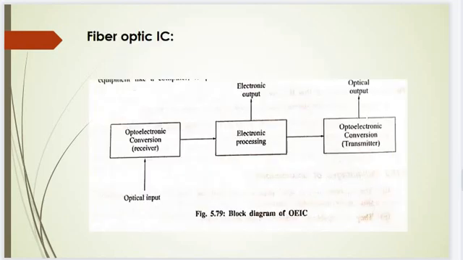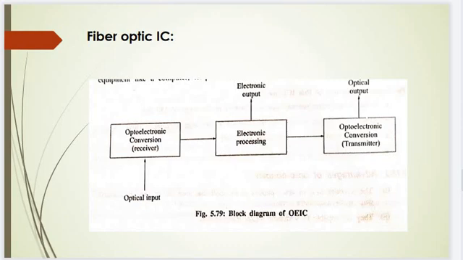In a fiber optic integrated circuit, the input of the fiber optic circuit has an optocoupler, which is an optoelectronic device. This converts the electrical signal into a light signal.